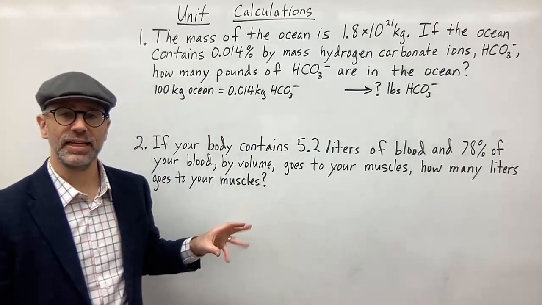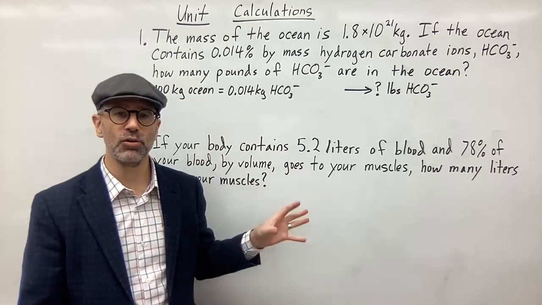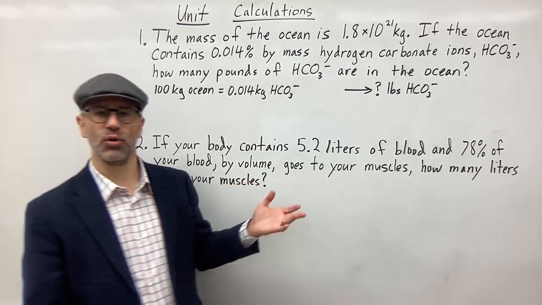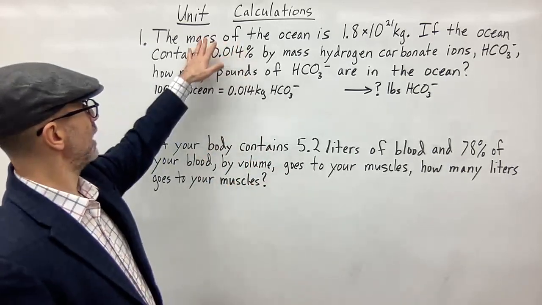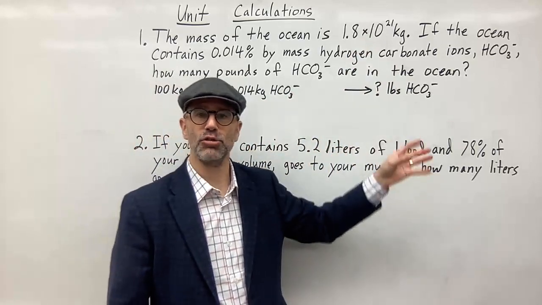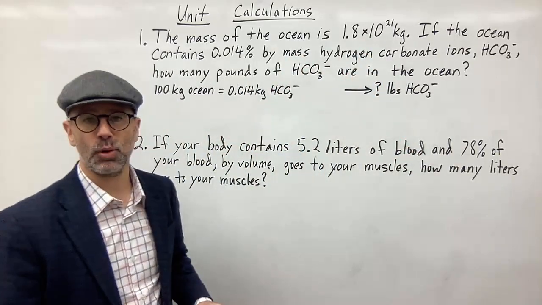And then where do we begin? Remember what I said, the beginning is going to be some amount of something that they give you that's not related to anything that you can notice. So they give us the mass of the ocean, and that's it. The mass of the ocean here is not related to anything, so that's what we're going to begin with.